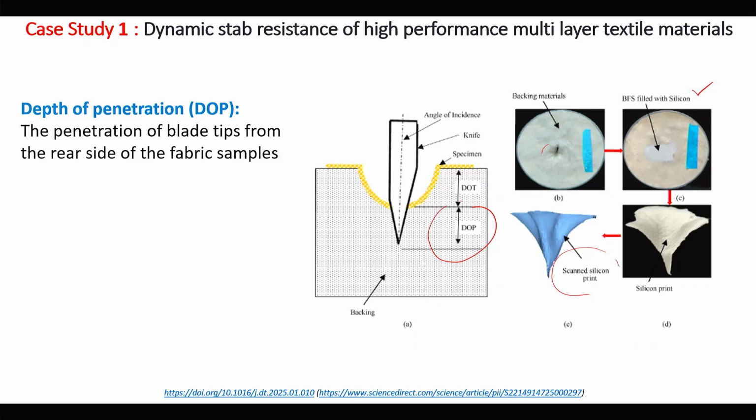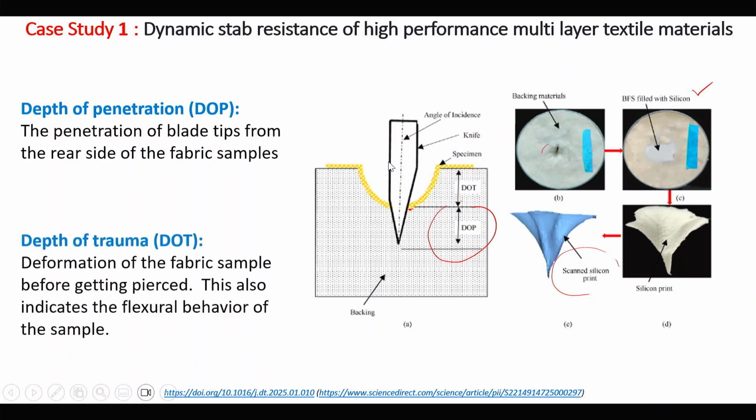Depth of penetration is the penetration of the blade tip from the rear side of the fabric sample. So, from this point at the back side, how much it has penetrated can be calculated. Depth of trauma is the deformation of the fabric sample before it gets pierced. This also indicates the flexural behavior of the sample. So, if the fabric is basically flexible and bendable, then it will actually create more trauma.